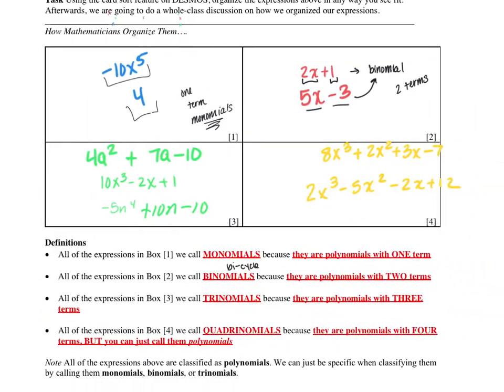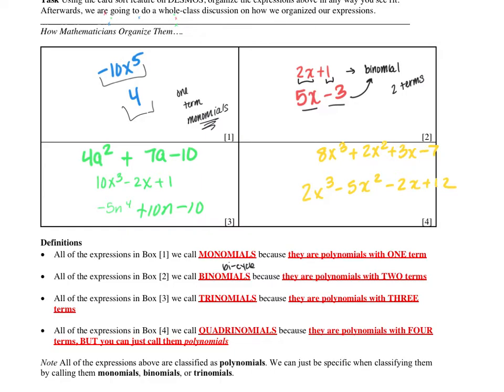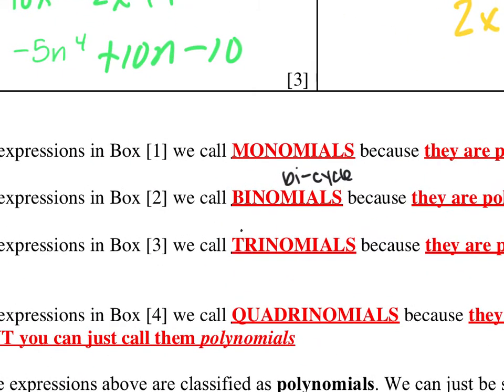When I go into box 3, we call those trinomials because they are polynomials with 3 terms. When we see the word tri, think of a tricycle, a 3-wheeled bicycle.